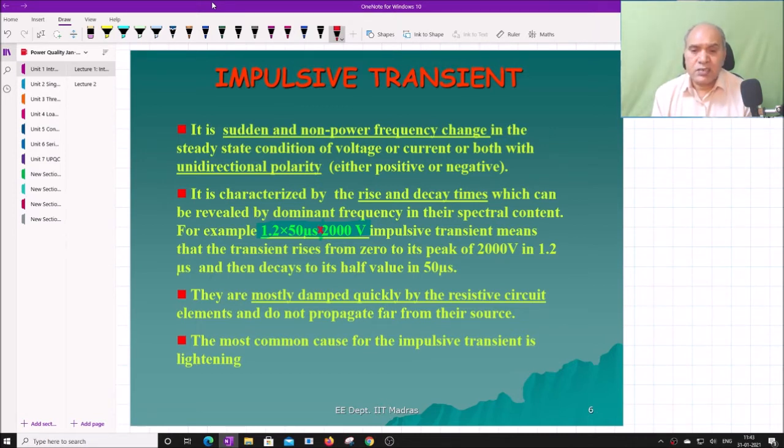These transients are mostly damped by the resistive circuit elements and do not propagate far from their source. The most common cause of the impulsive transient is lightning.